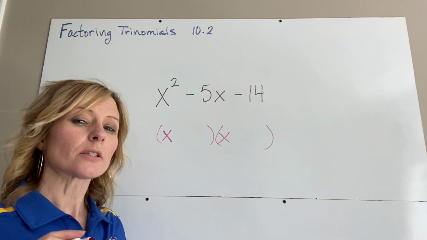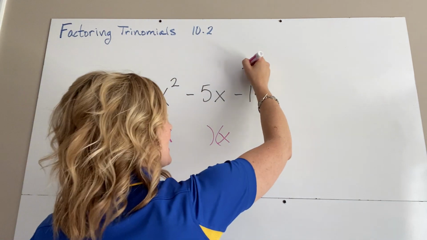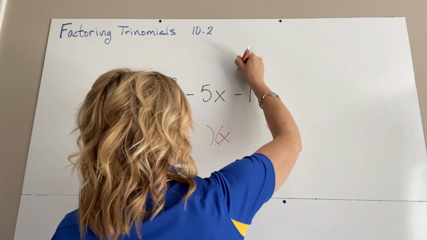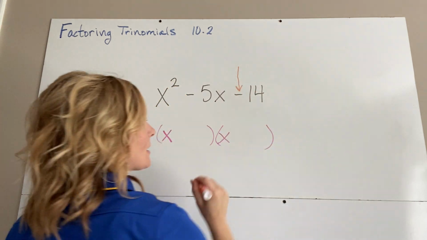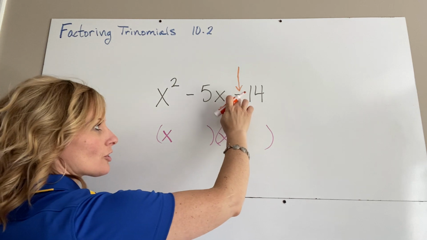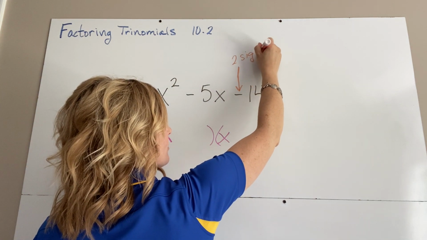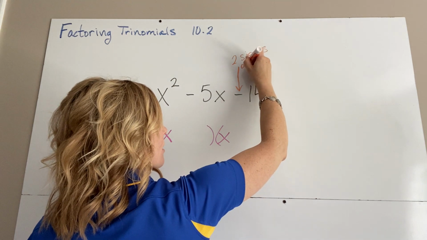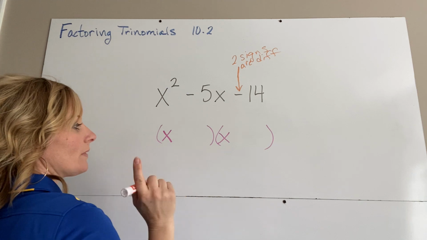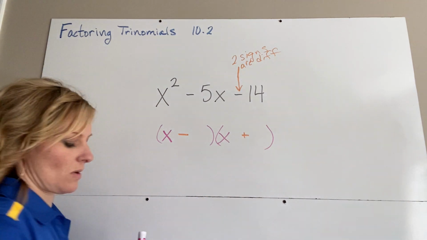Okay, we also know, because you watched the notes video, that this subtraction sign on the third term tells me that the 2 signs, remember this from the notes, are different, okay? So I know one's gonna be a minus, one's going to be a plus, okay?